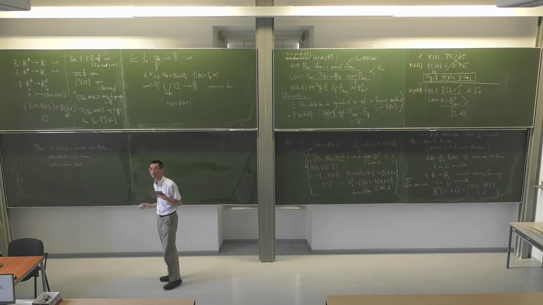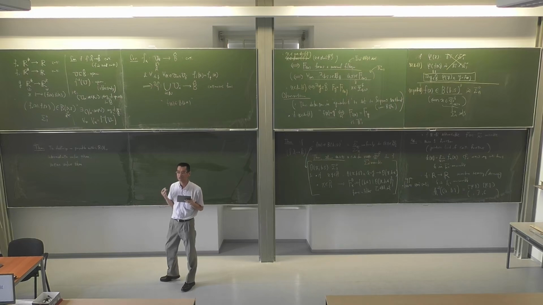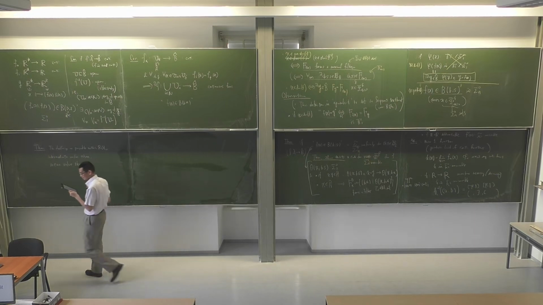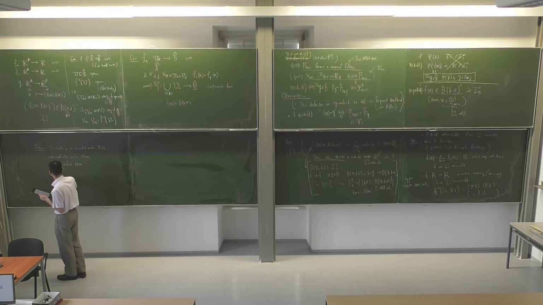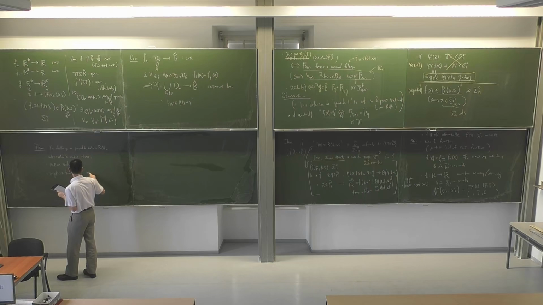Mean value theorem. Well, now we have to mention the derivative, but that's fine. And there are many famous ones, like the implicit function theorem or the inverse function theorem on Euclidean space, let's say.